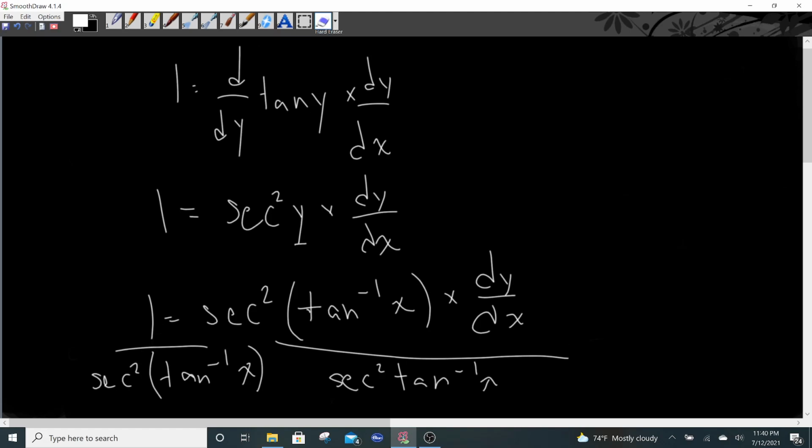It's probably one of the easier derivatives, in my opinion, to remember. And obviously the chain rule can be used for any of these, like for the one that we just did.